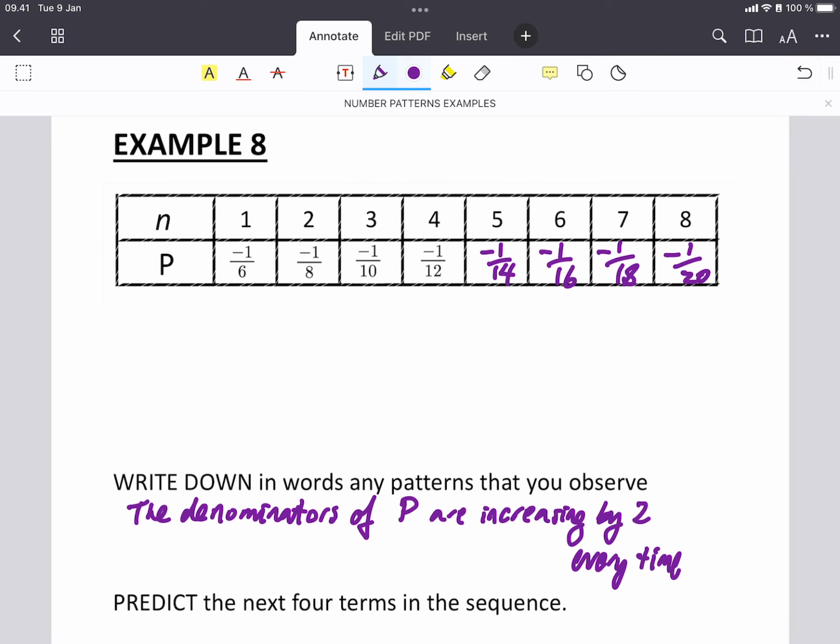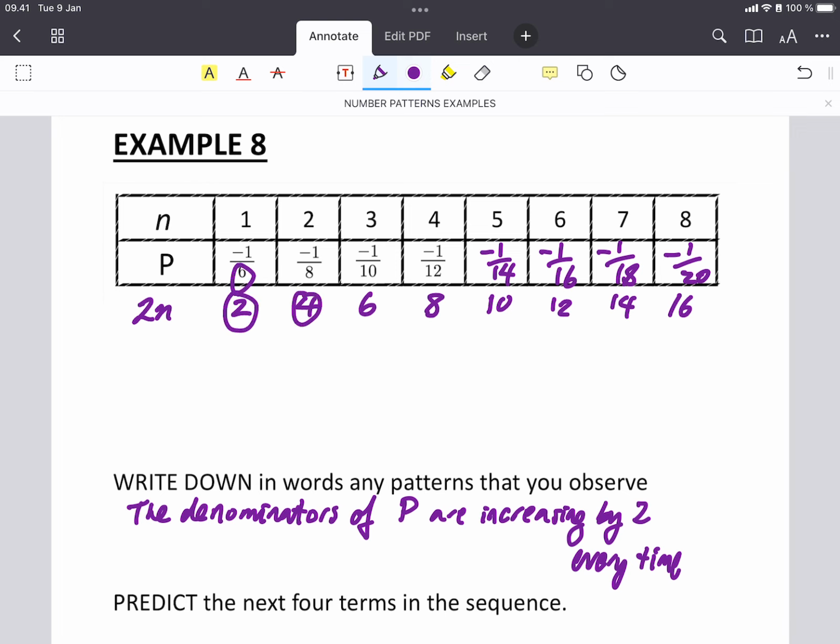So let's just think about 2n. 2n is 2 times 1 is 2, 2 times 2 is 4, 2 times 3 is 6, 2 times 4 is 8, 10, 12, 14, 16. So we're getting numbers that are going up by 2 every time, just as the denominators are going up by 2 every time, but they're not the ones we want, because when we get a 2, the denominator is 6.